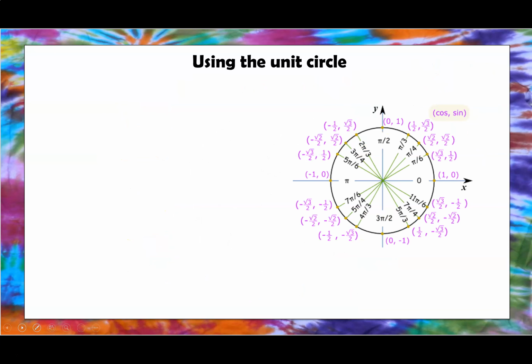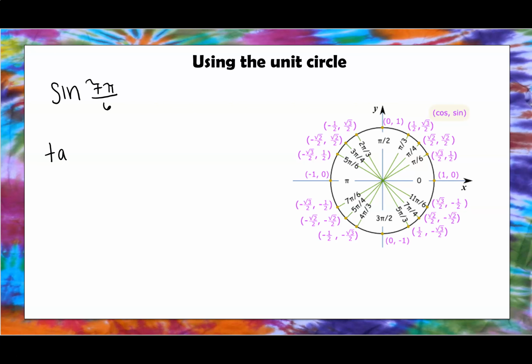Let's go ahead and use this unit circle to calculate radians without using our calculator. So my first questions here are going to be, what is the sine of 7 pi? Oops. Look, it's a 7 with a cool hat on it. A sine of 7 pi over 6.